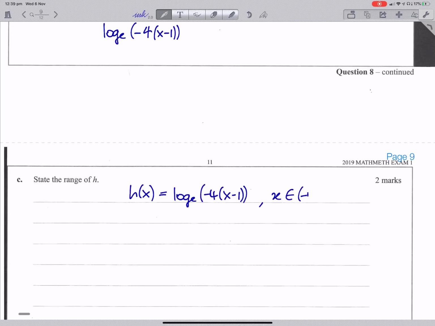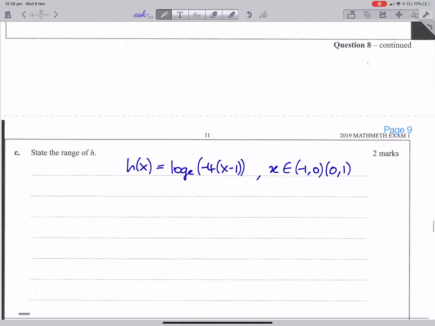x is an element of -1 to 0, and then 0 to 1. Okay, so if we put -1 into it, we would get 0. If I put 0 into it, we would get log e of 4. So it can't equal log e 4 because that endpoint's not defined.